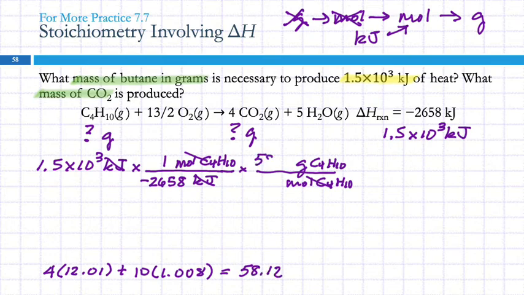So 58.12 grams per mole. 1.5 EE3 divided by negative 2658 times 58.12. And my calculator says negative 32.799 grams.